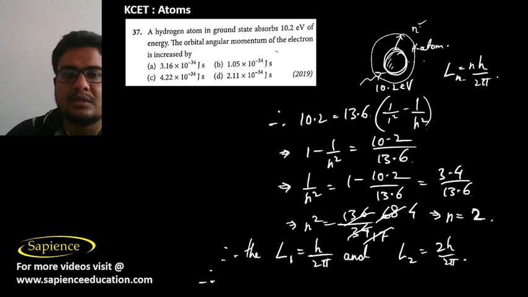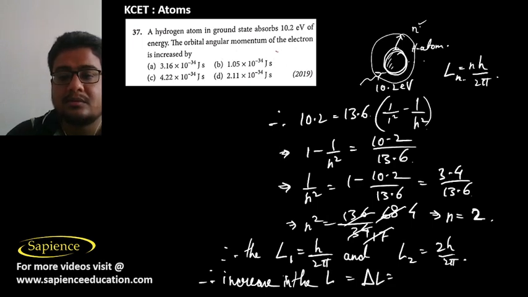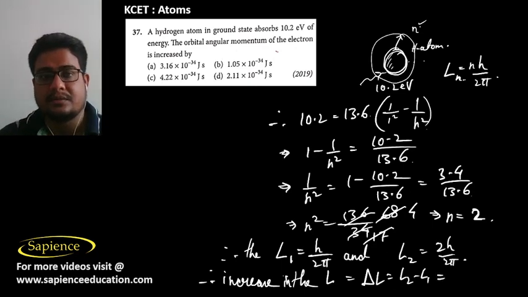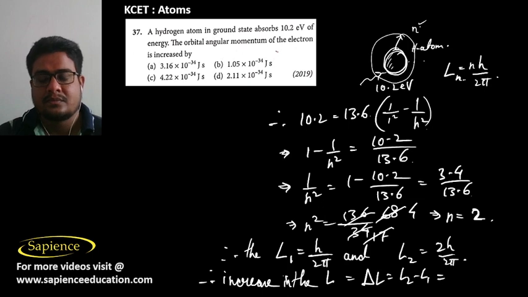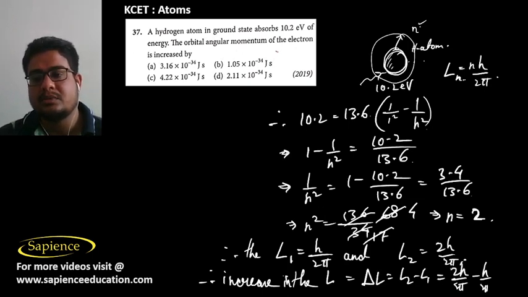So therefore the increase in the angular momentum, that is delta L, will be equal to L2 minus L1. So that is 2h by 2 pi minus h by 2 pi, that is equal to h by 2 pi.